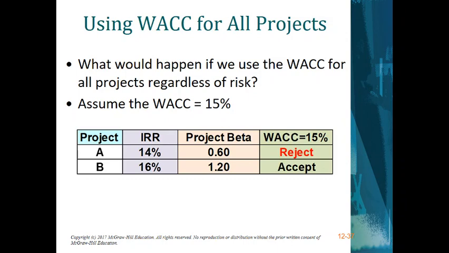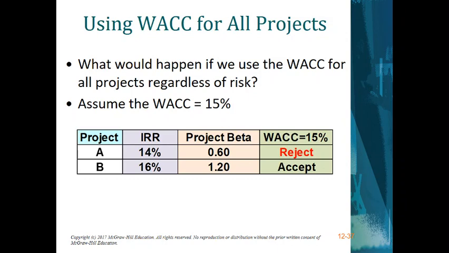And so here we have a company that assumes and takes all projects. Well, the WACC is 15%, and any projects that have a return greater than WACC are accepted, whereas any projects with a return less than 15% are rejected.